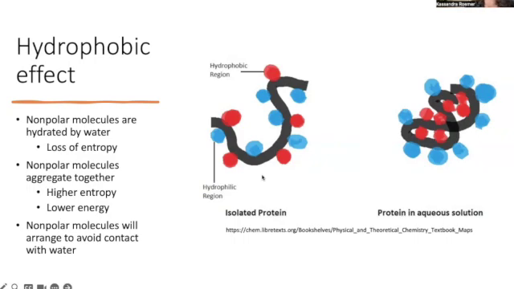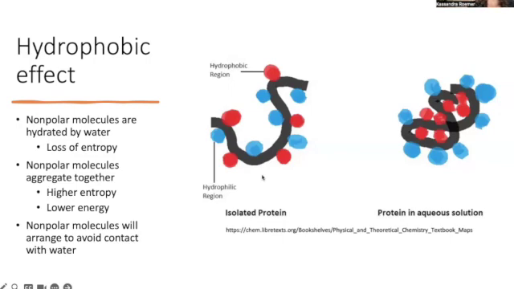For example, if you think about putting oil in water, usually it forms a layer on top of the water because it doesn't want to interact with the water. However, if you stir it, you see little balls of oil forming in water as the oil molecules aggregate together. This is favorable because we have higher entropy that way, so more chaos and lower energy.